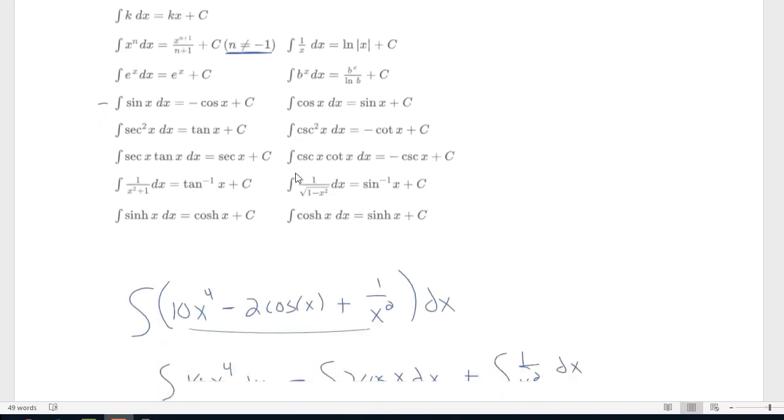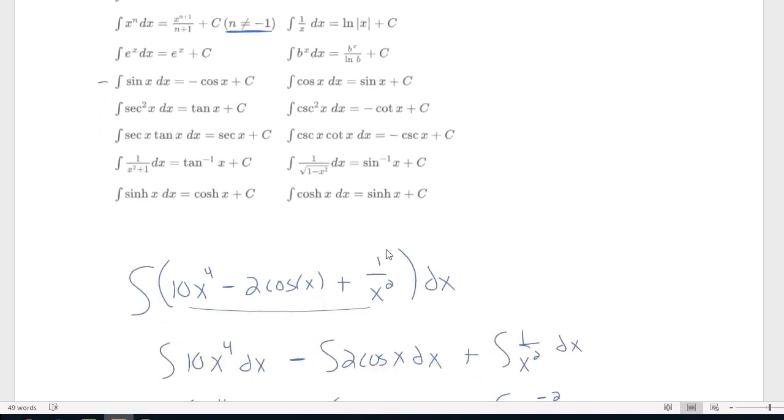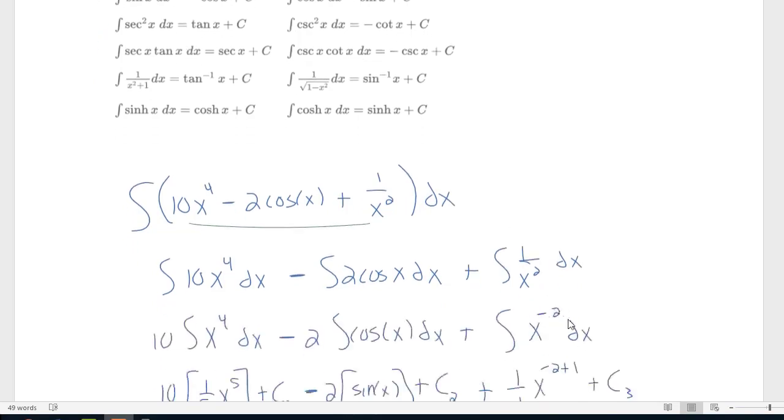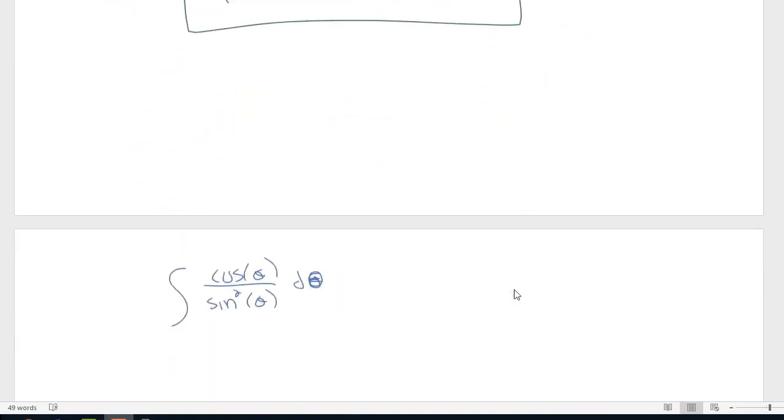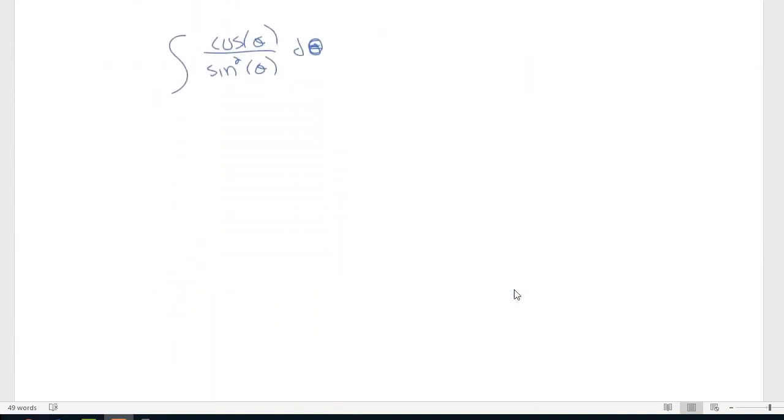We really have already done that before. 1 over x squared wasn't up here in my table, but I rewrote it so that I could use the power rule. So I need to do the same thing here. I need to rewrite cosine over sine squared in a form in which I can handle that expression based on that table of known integrals.